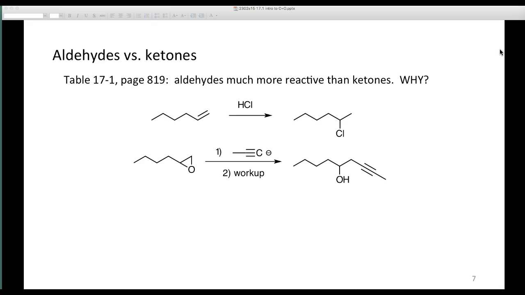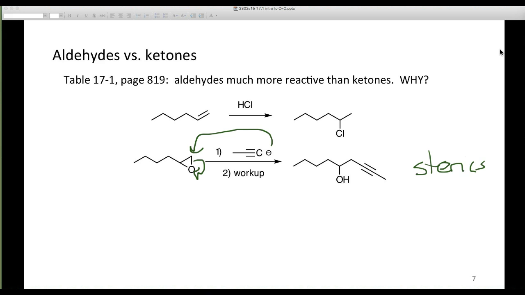Well, okay, how about this example? Another example of selectivity. My nucleophile here, my acetylide, selectively reacts at the less substituted carbon on my epoxide. Why? Well, it's less crowded. It's sterics.